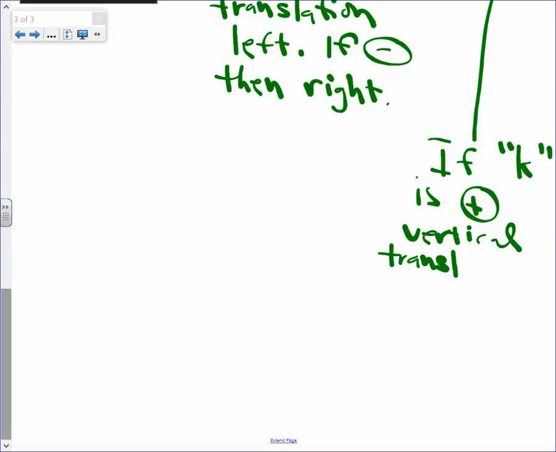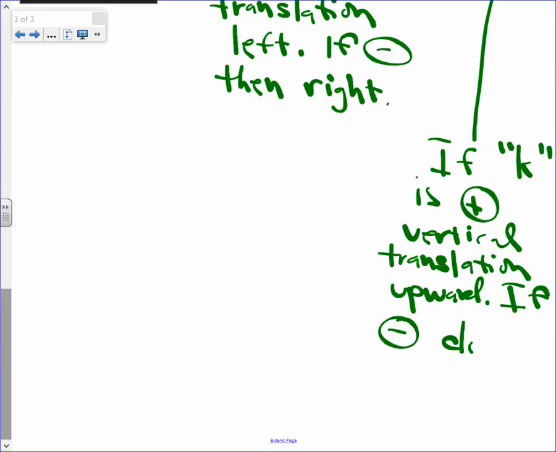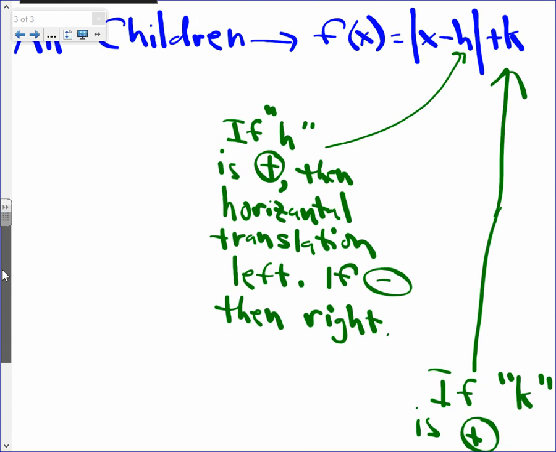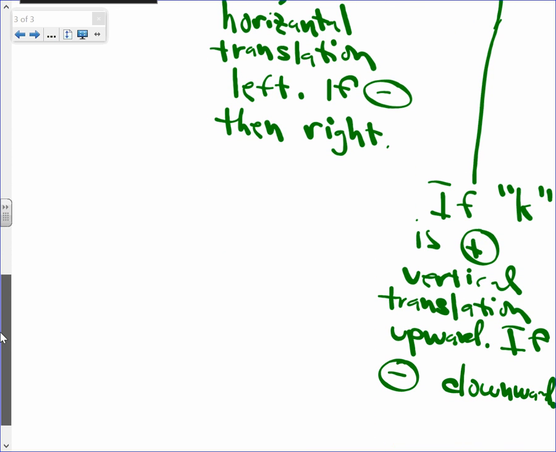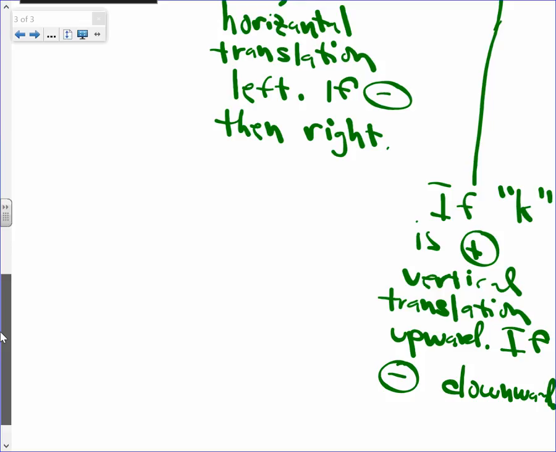It's a fancy word for slide. Then vertical translation upward. If negative, downward. Done. We generalized. If k is positive, vertical translation upward. If negative, downward.